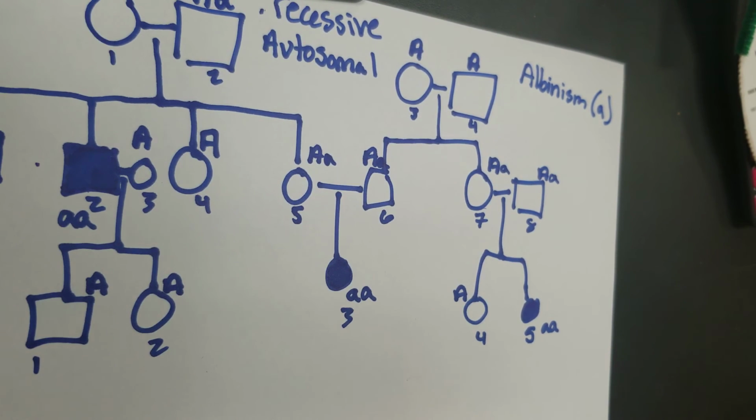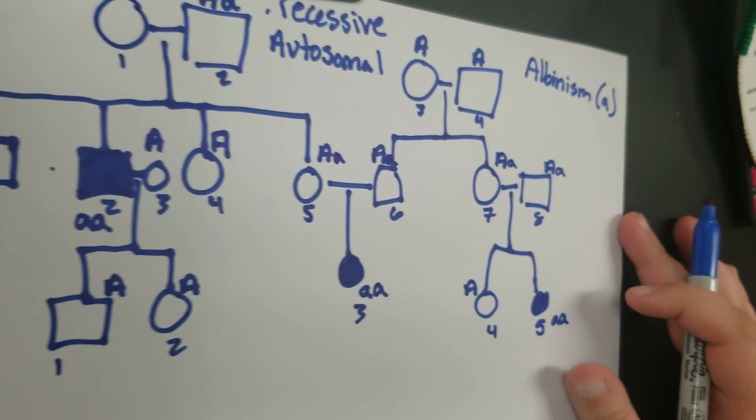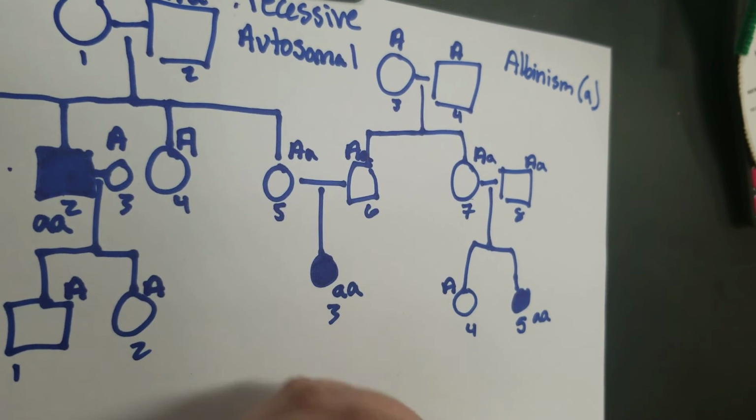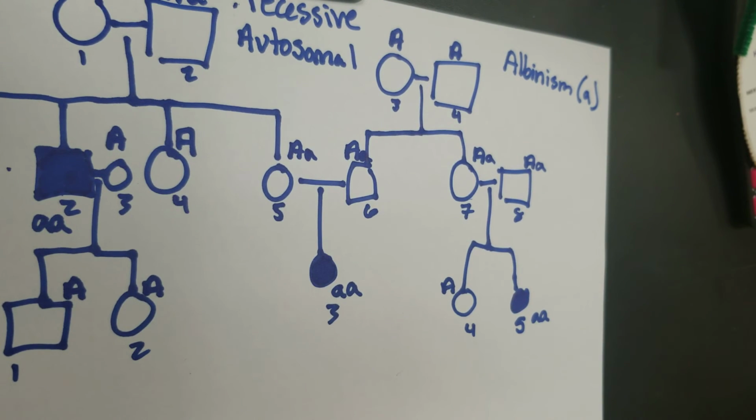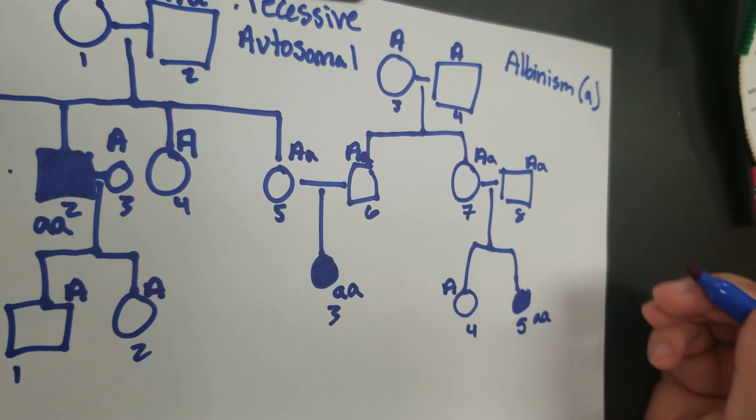If we have an instance where there are a lot more males than females, typically that means it is an X-linked trait. So that is found on the X chromosome.